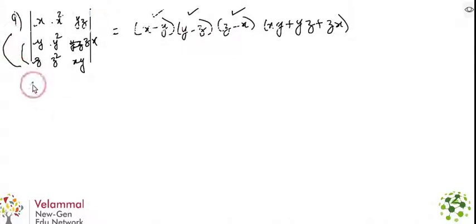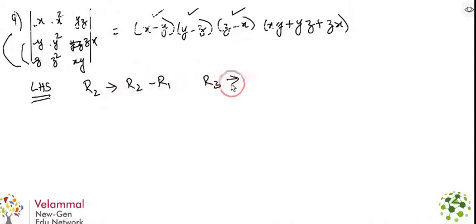So I am going to take the left hand side and apply r2 changed to r2 minus r1 and r3 changed to r3 minus r1. We are not going to use anything else because we are very much used to this operation. I am trying to teach you in a similar way so you can get all the answers. That is the reason.